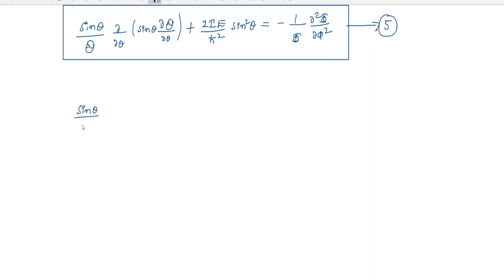Sine theta divided by, it is already there, right?